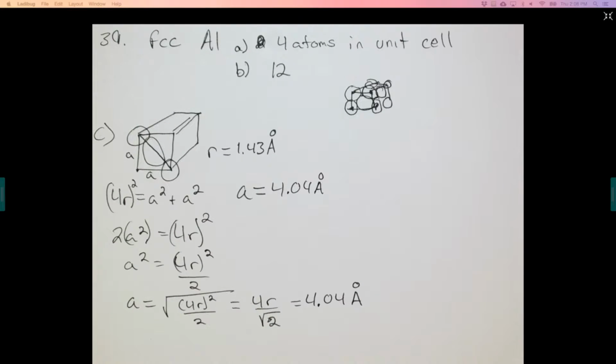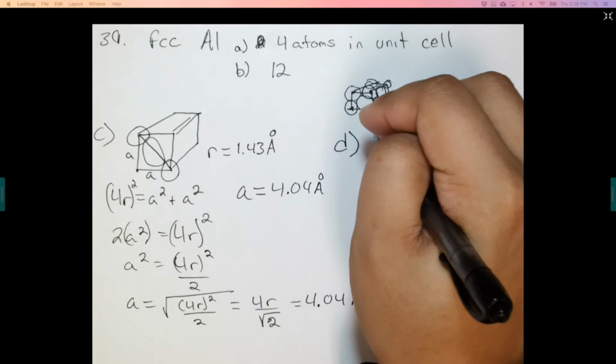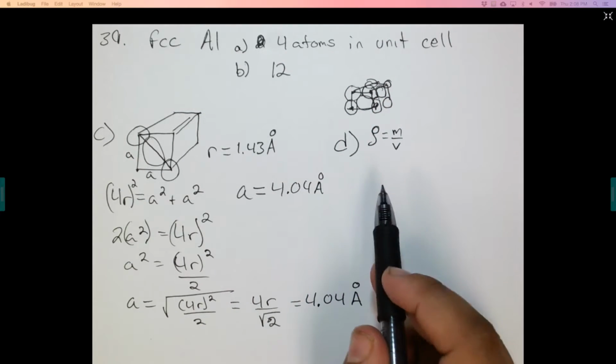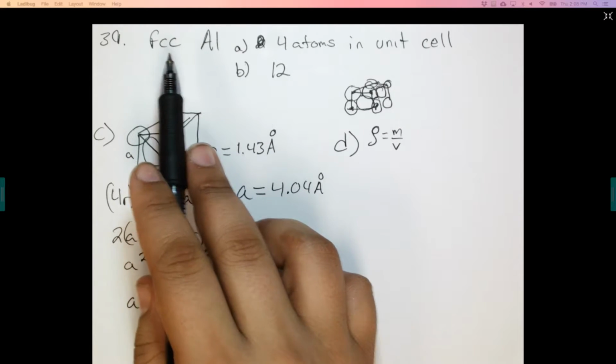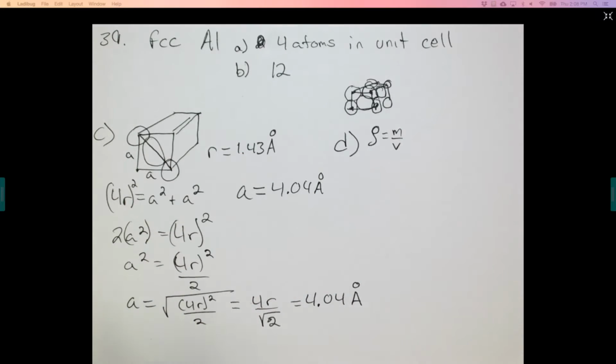Part D wants us to calculate the density. Remember, density is equal to mass over volume, and to find mass, we need to utilize the structure, which is face-centered cubic, knowing that there are 4 atoms in the cell, and the molar mass of aluminum.